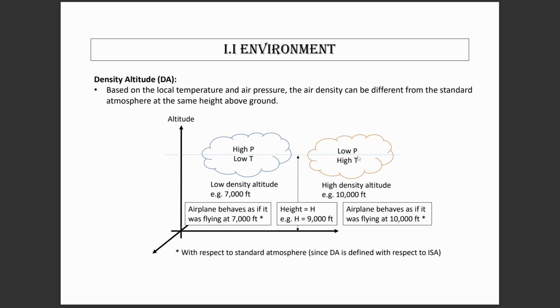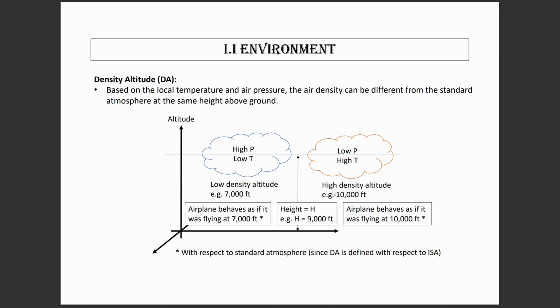So in our example, the air density is equivalent or similar to the air density in our standard model at 10,000 feet. And despite being at 9,000 feet only, our aircraft behaves as if it was at 10,000 feet, and hence we have decreased aerodynamic performance accordingly, because of lower air density.